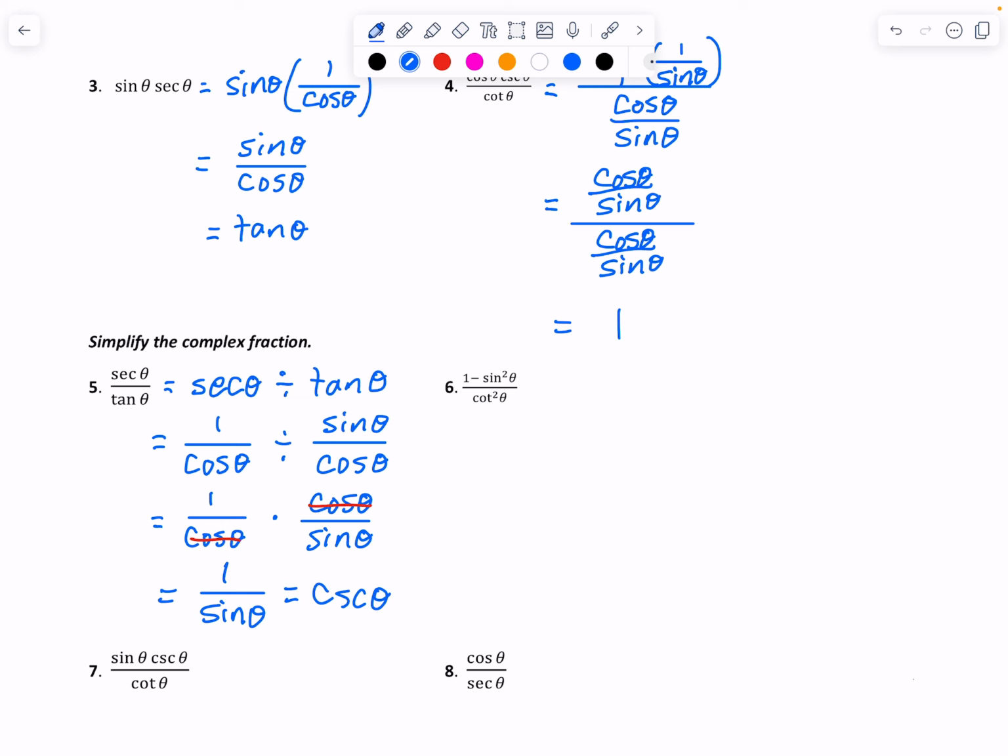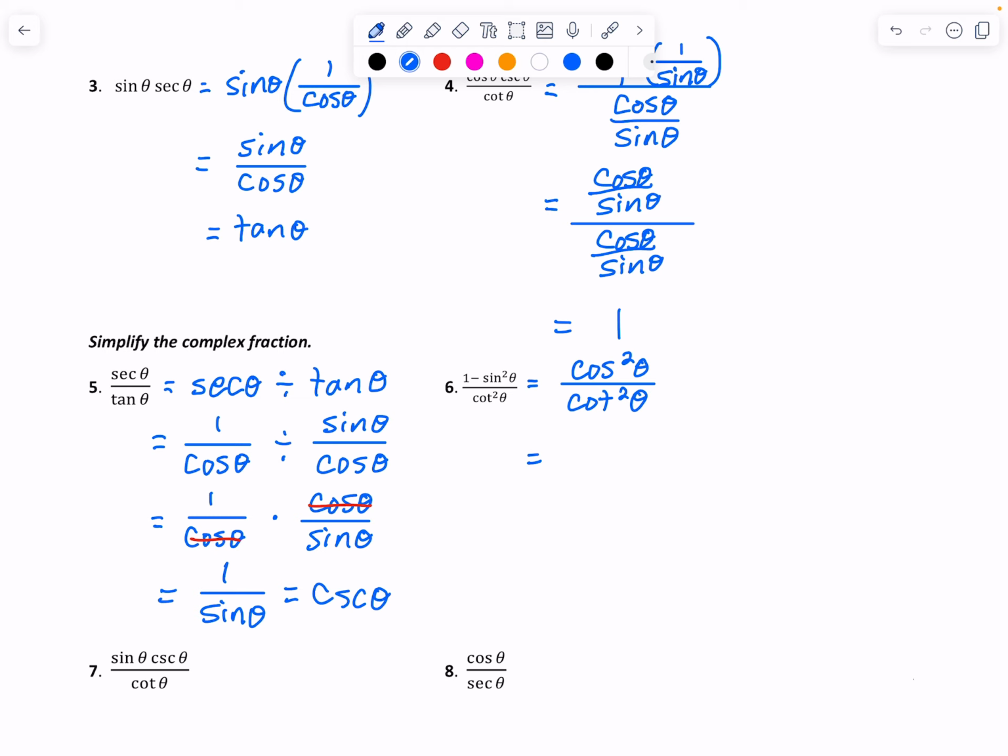So it's a lot of dividing, a lot of changing things to sines and cosines, and things will cancel out. You just need to know every bit of those identities we did at the top of the lesson. Okay, problem 6, sorry. The top is going to change to cosine squared theta. The bottom is still just cotangent squared theta.